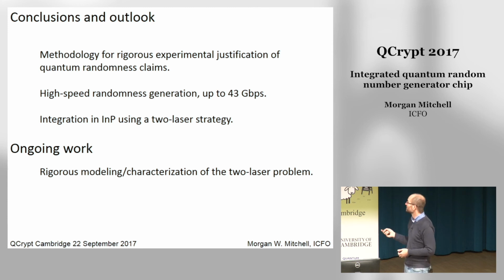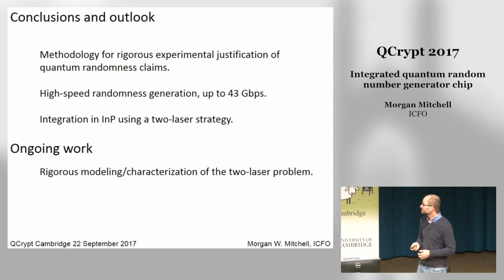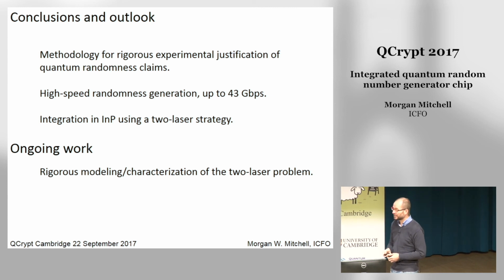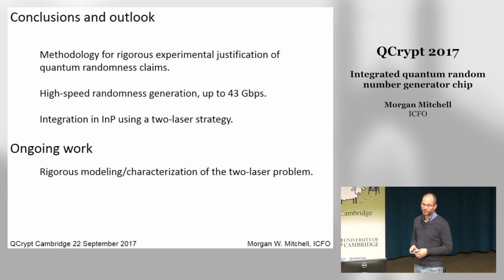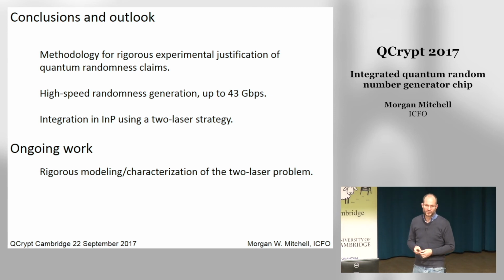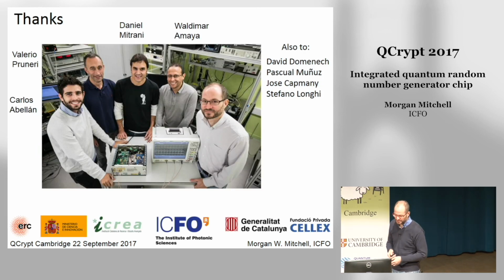These things can work at very high speeds. Our record is 43 gigabits per second. I've shown integration in indium phosphide using a two-laser strategy. And I have to say, we're working now on the metrology for the two-laser strategy. Okay, so I think that's it.